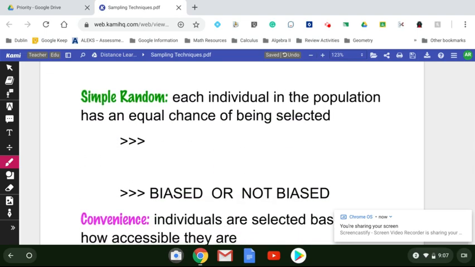One type of sampling you could do is called simple random. This is where each individual in the population has an equal chance of being selected. So an example of this would be if you put all students into a hat and randomly pick out 100.